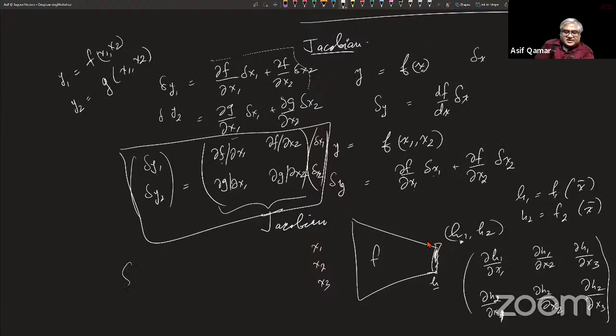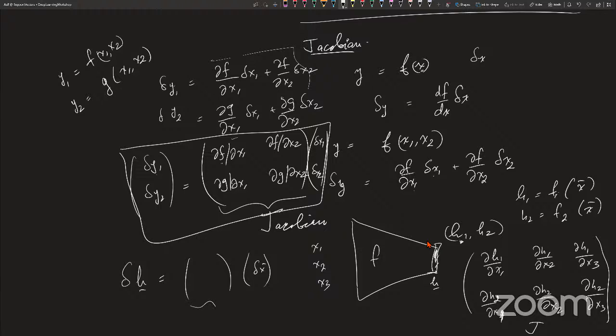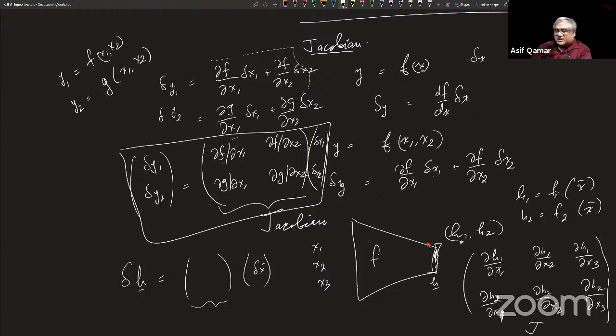Then I can write delta H is equal to this Jacobian times the delta X vector, isn't it? This thing is made up of terms which are the derivative of the output with respect to the input. These are all component-wise derivative terms, right? This Jacobian.